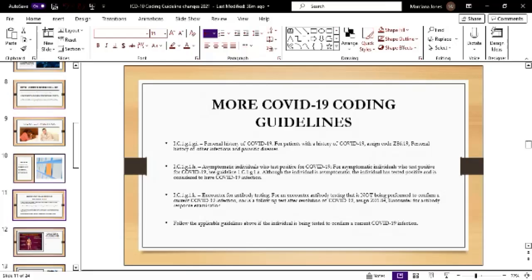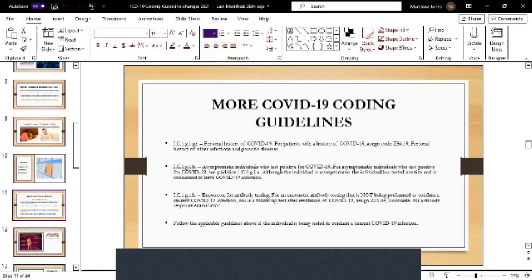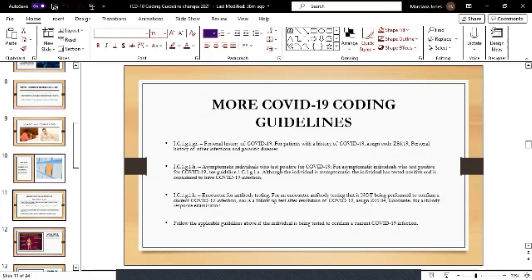Again, if this antibody testing is not being performed to confirm that this person has COVID, or is not for follow-up after they've had COVID and been quarantined, then you're going to assign Z01.84 for encounter for antibody response exam. Now follow the applicable guidelines above if the individual is being tested to confirm a current COVID-19 infection.